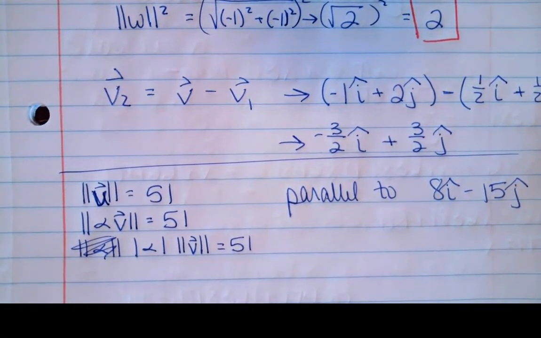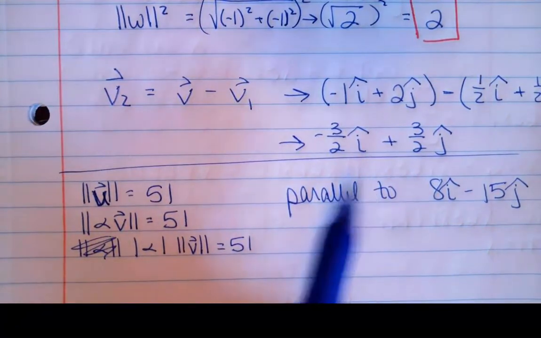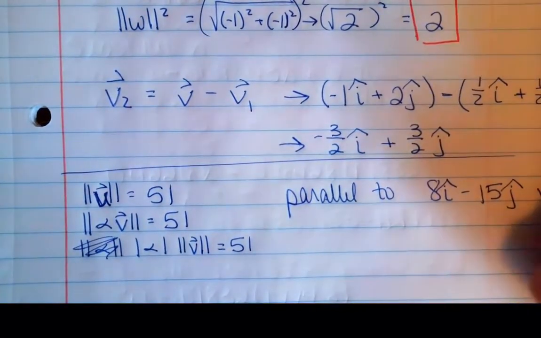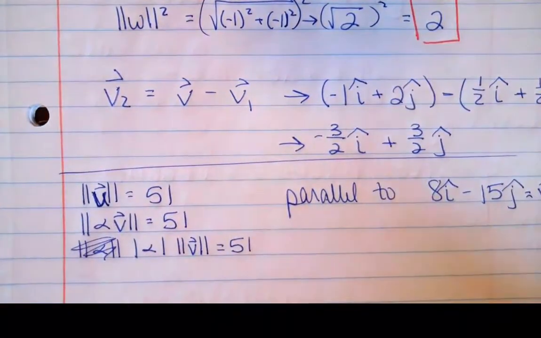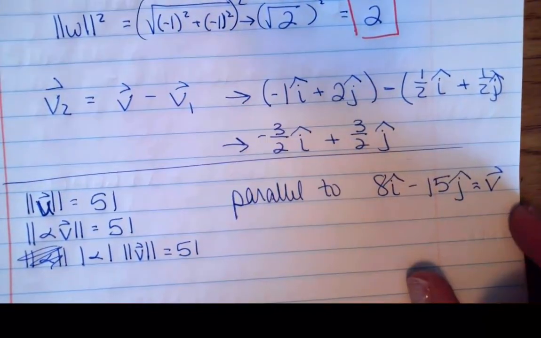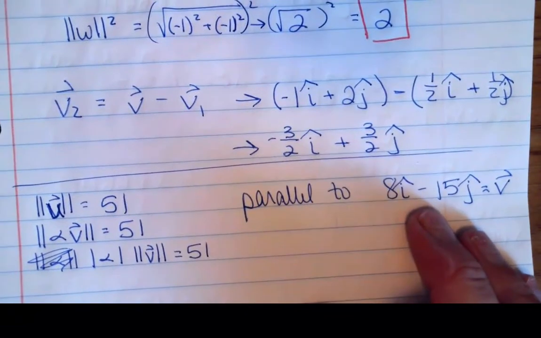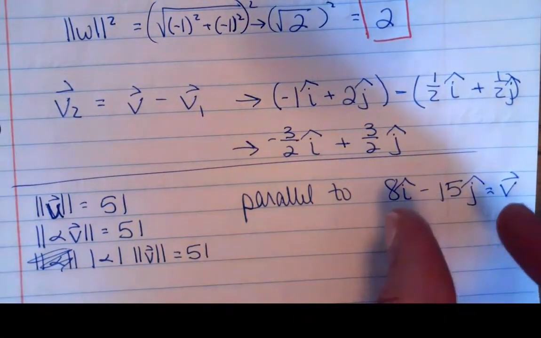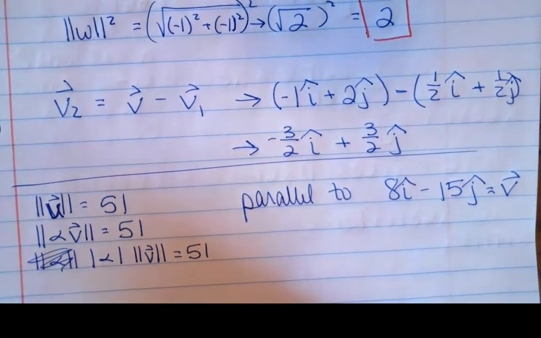Which means I can start solving for stuff. So to find the magnitude of v, this is what I've said v is. Okay, so v is this vector right here. So let's find out what its magnitude is. I know that it's going to be parallel, it's just going to be a multiple. So I just need to find out what the scalar is.